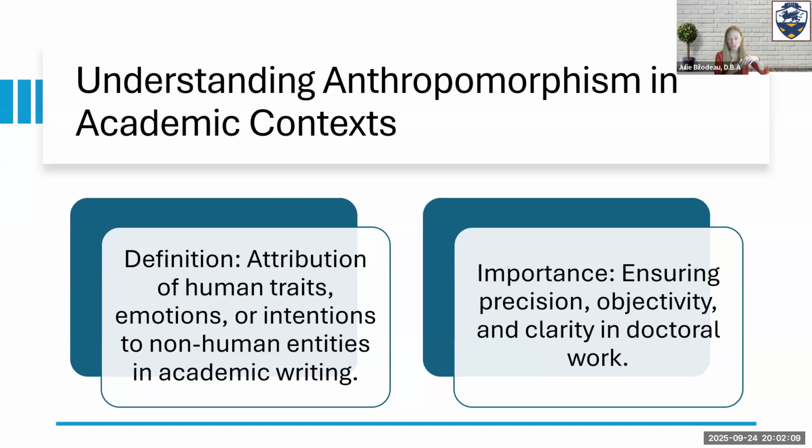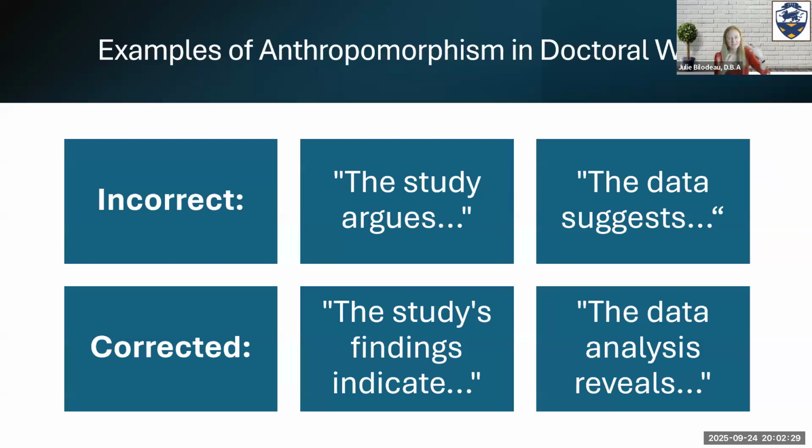The importance is ensuring precision, objectivity, and clarity in doctoral work. We're going to talk about it tonight, and when you write your dissertation, I can almost guarantee many of you will have notes from your committee saying anthropomorphism, because it's tricky.